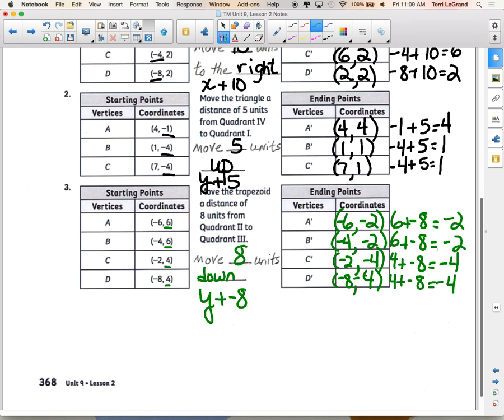Which quadrants are we in? One, no, that's not one. I'll label them.